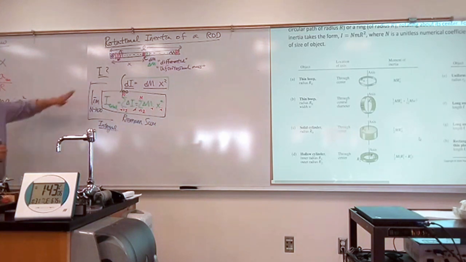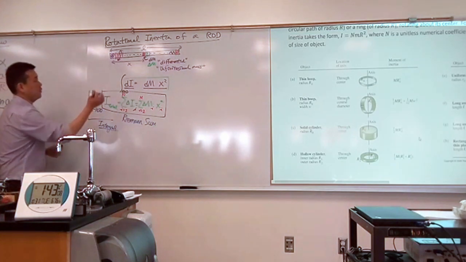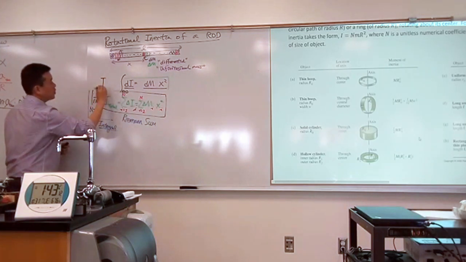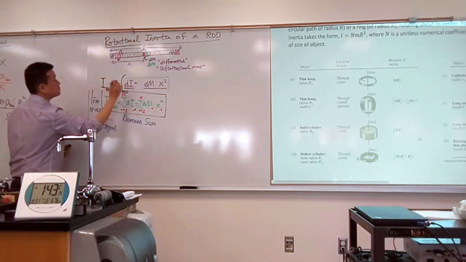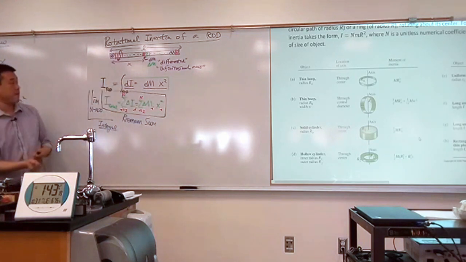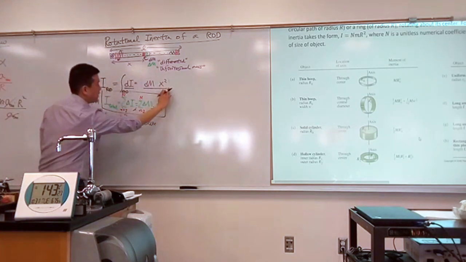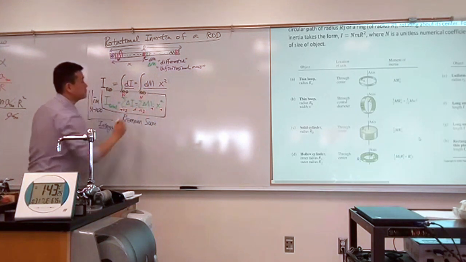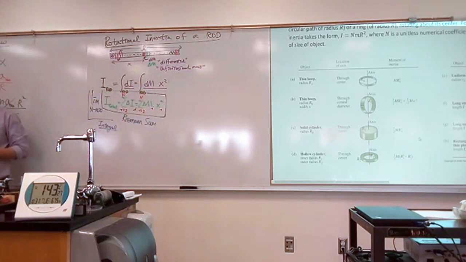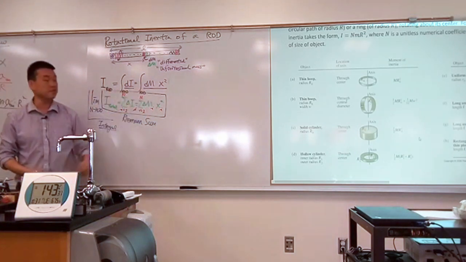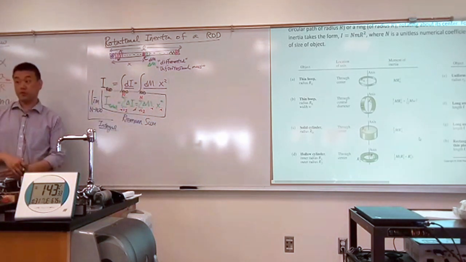So for the total rotational inertia, this would be the rotational inertia of the rod, that's going to be equal to this expression that we have set up. And I have to say, okay, I'm going to integrate this over the rod. So far this is all just symbolic notation, just reminding me what I'm going to do.